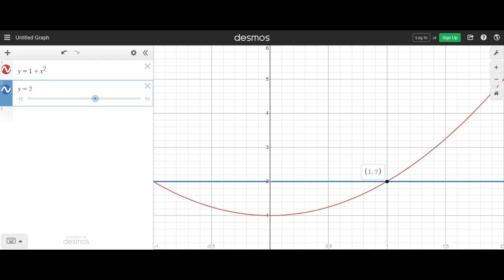Look at the red function, y equals 1 plus x squared. Think of the x values, but then the corresponding y values. Are there more y values on the function that are below 2 or above 2?